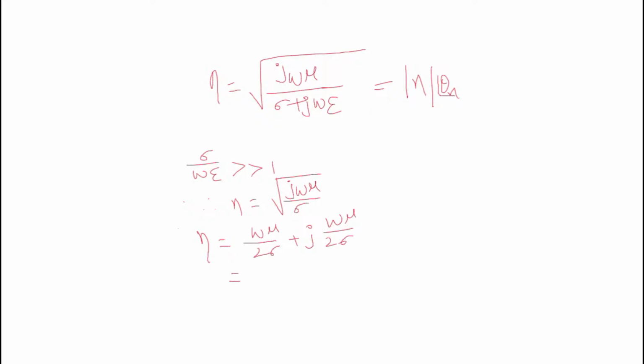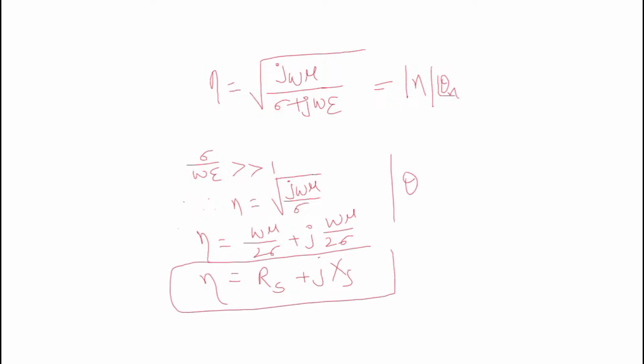So it has a real term, that is Rs, and imaginary term, that is jXs. So this is the expression for neta. And what about the angle? That is theta neta for the good conducting medium. Tan inverse of imaginary by real. So both are equal. So that's why tan inverse of 1 here we will get, that is equal to 45 degrees. For good conducting medium, theta neta value is equal to 45 degrees.